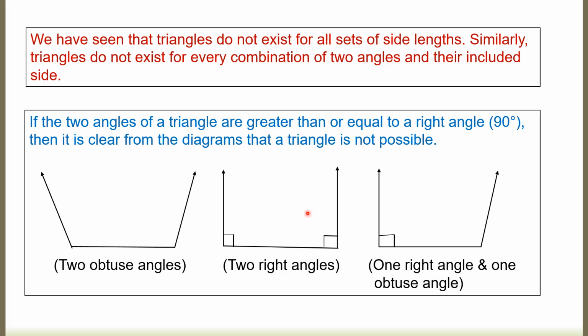In the second case, there are two right angles. In this case also, the two rays will go in different directions. In the upward direction, they will not intersect. And the third one is a right angle and the other one is an obtuse angle. So naturally these two lines also will not intersect and a triangle is not possible.